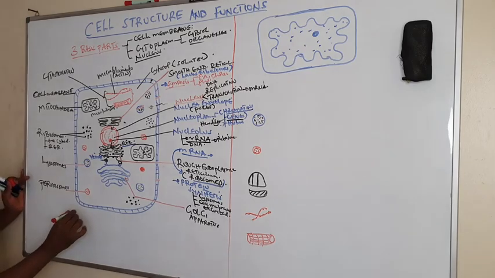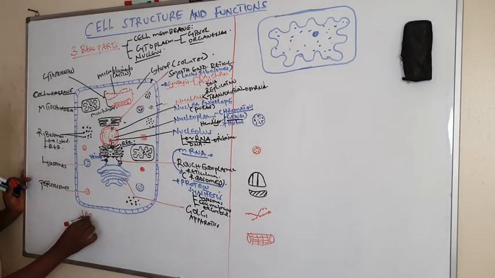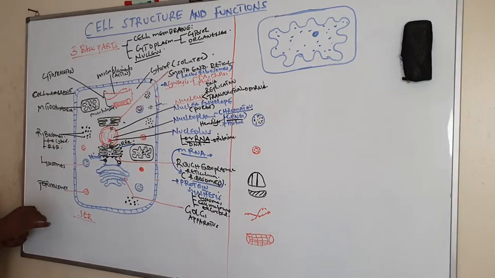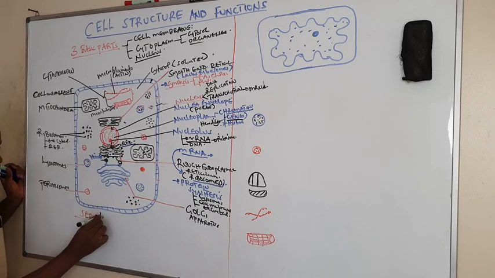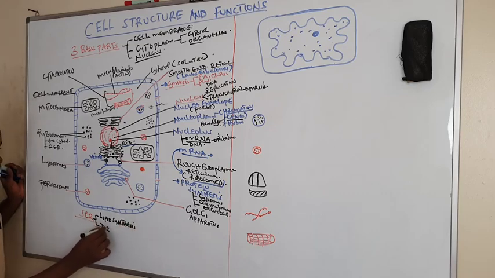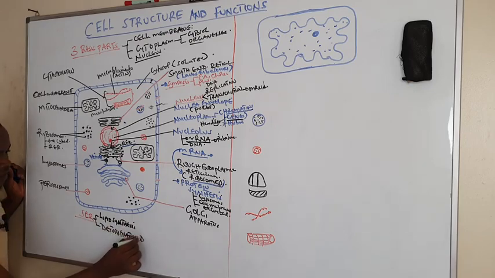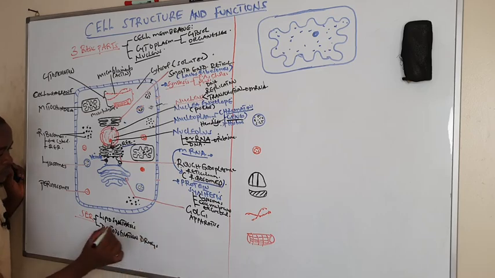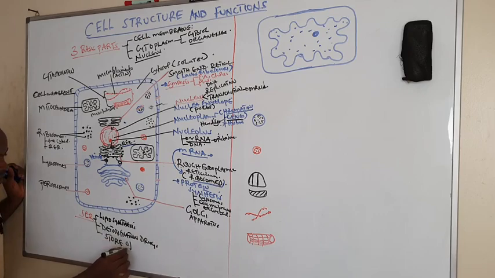If I can write it here, the smooth endoplasmic reticulum is responsible for lipid synthesis, detoxification of drugs, and storage, as it acts as a store of calcium ions.